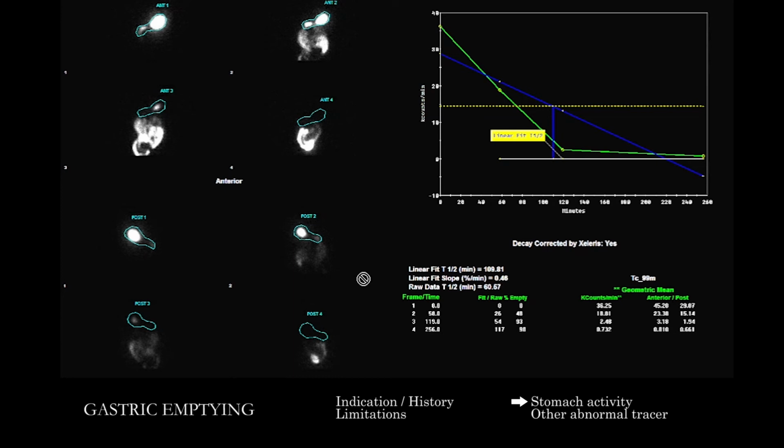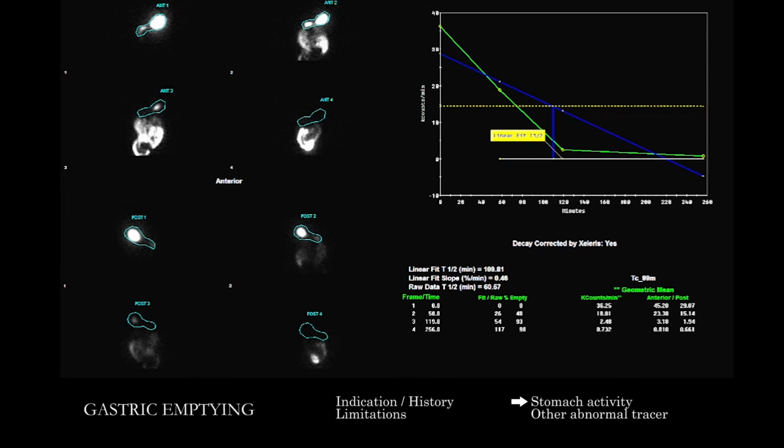And then delayed emptying has a number of different criteria. Typically, the 4-hour time point is the most useful, sensitive, and talked about in the literature, but more than 90% remaining after 1 hour, more than 60% remaining in the stomach at 2 hours, more than 30% at 3 hours, or 10% at 4 hours are typically the thresholds that are used.